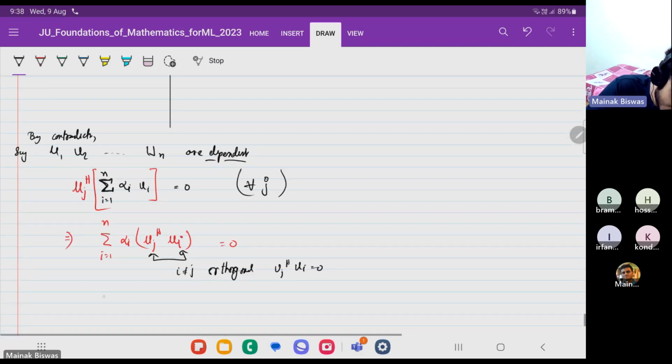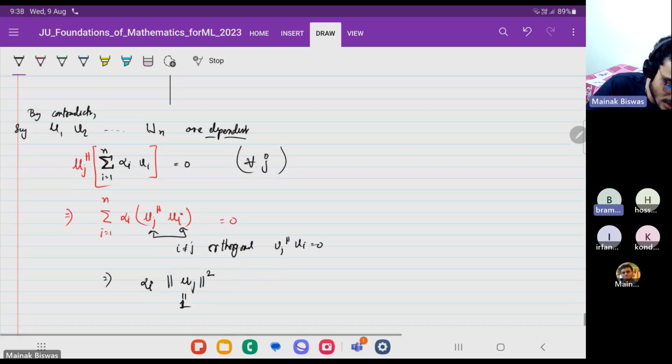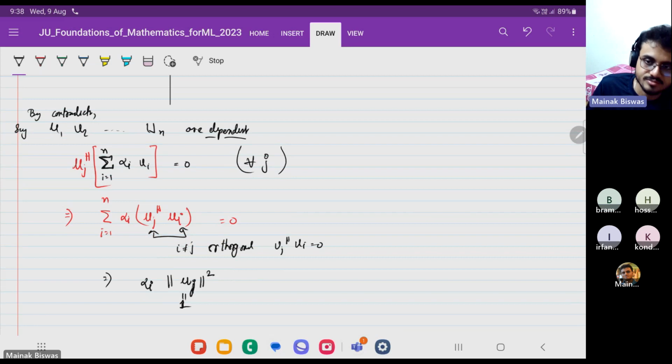So what is the only term you will be left with? The uj Hermitian uj, right? So this is what you'll be only left with, yes or no? Which is equal to 1, and you're saying this is equal to 0. What does it mean?